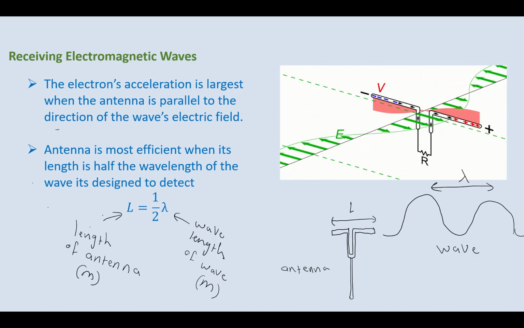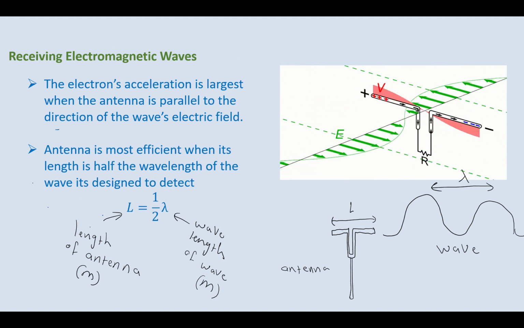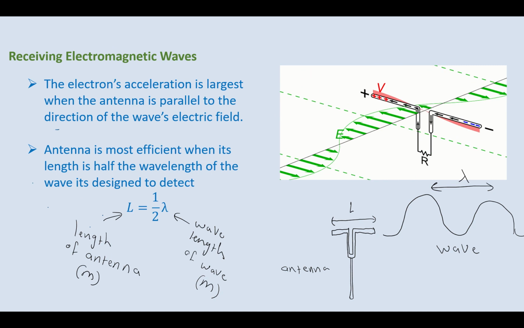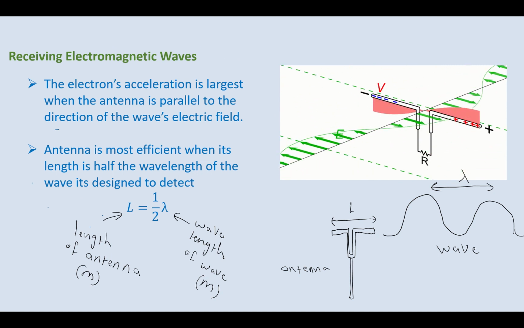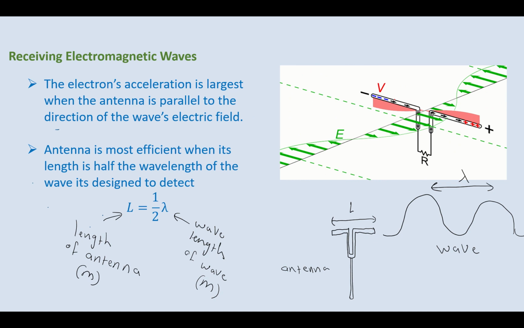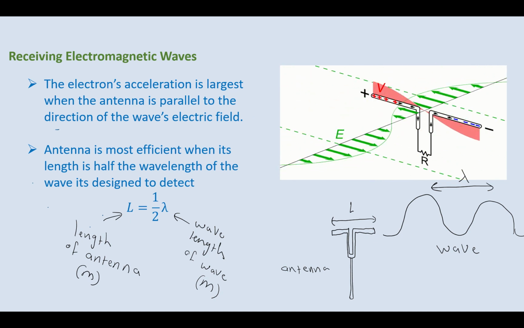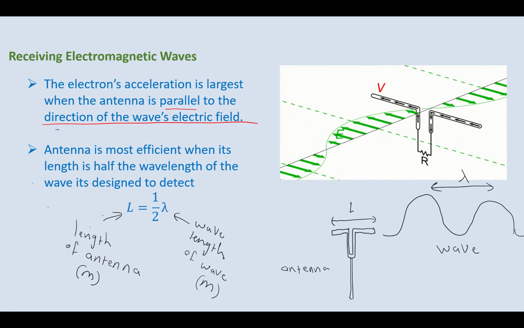For the third objective, which says the best orientation and length of an antenna to receive an electromagnetic wave. Now, the electron's acceleration inside the antenna would be largest when the antenna is parallel to the direction of the electric field.